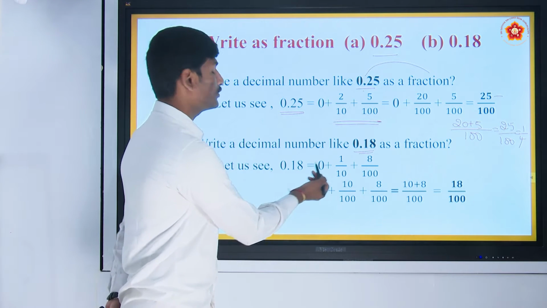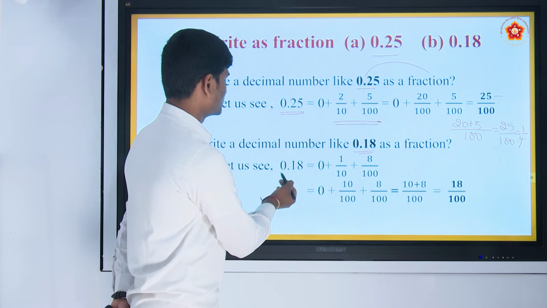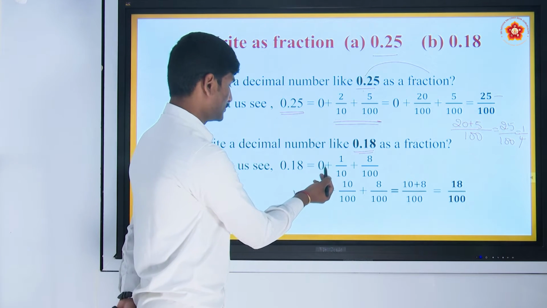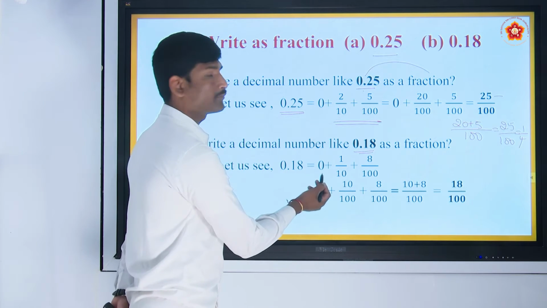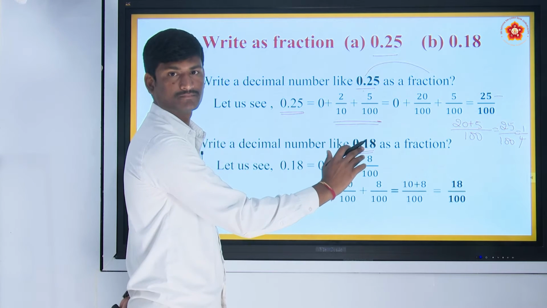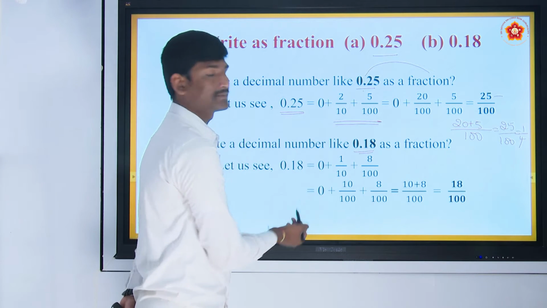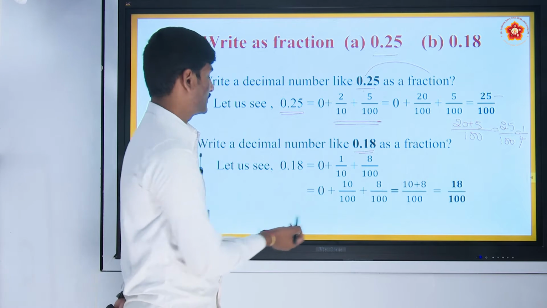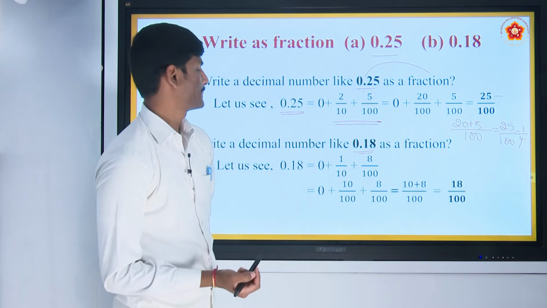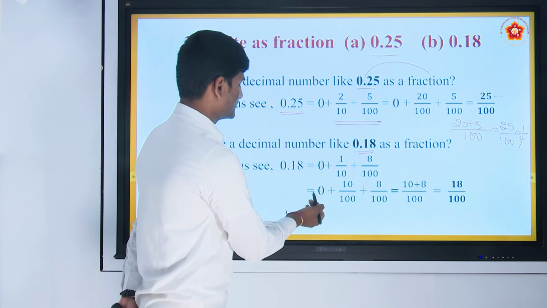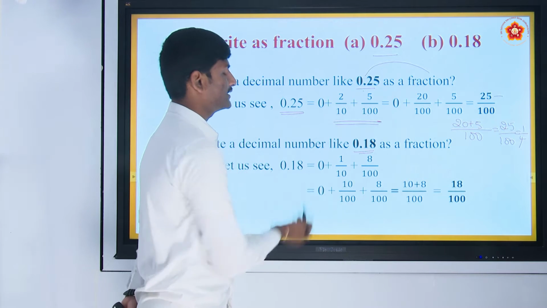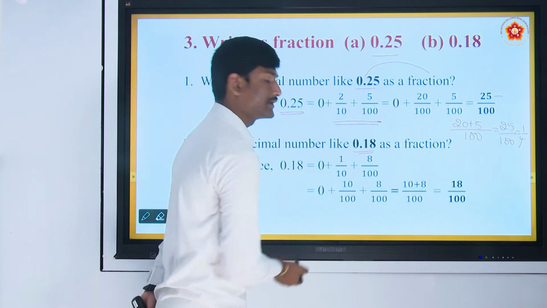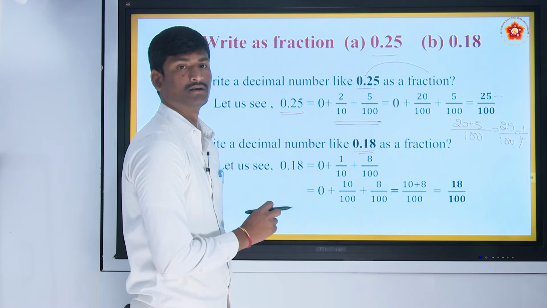Let us say 0.18. 0 is the whole number part. 0 plus, after the point is the fractional part. 1 is the 10th place, 1 by 10, plus 8 is the 100th place, 8 divided by 100. Then 1 by 10 is written as 10 divided by 100.